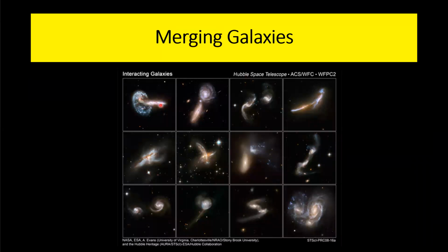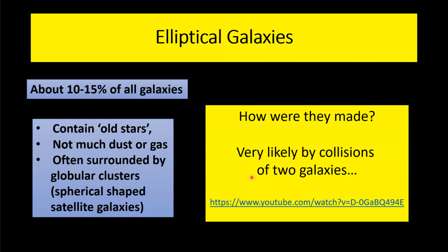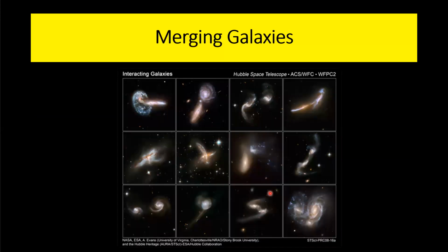Here we see two galaxies that start to merge. Here the two approach each other. Here they must have obviously already crossed, and they now dance about a common center of gravity. And this is nicely shown in this video. And then you will see the final product.